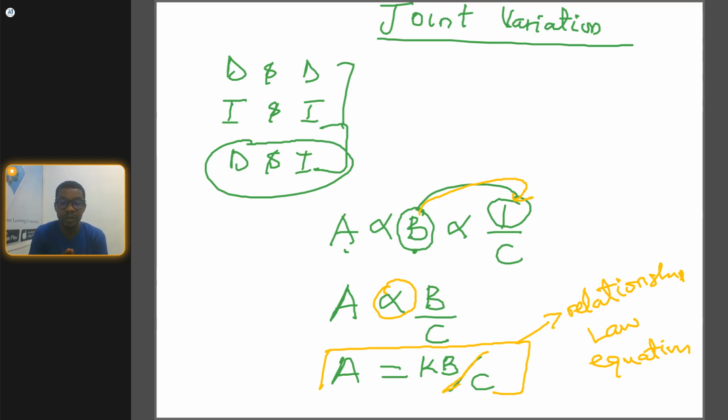So we have done justice to the concept of direct, indirect, and joint. Now let's consider some UTME questions on these three concepts. If you are ready to solve this UTME question with me, please signify and let's get into the business. All right.